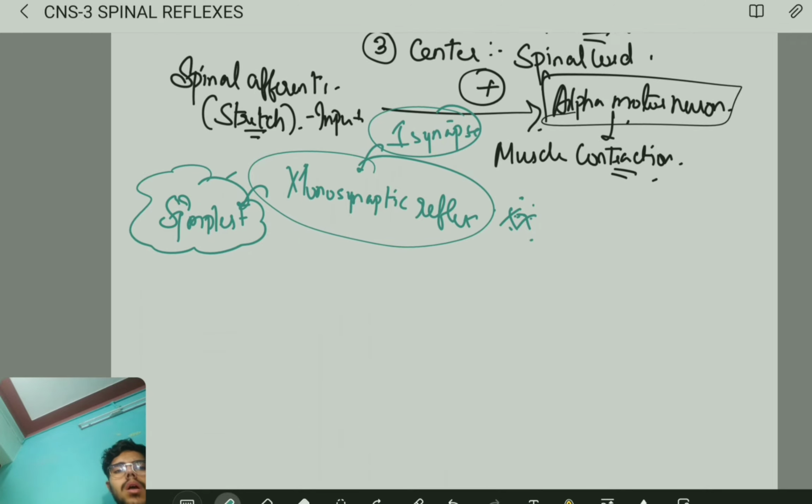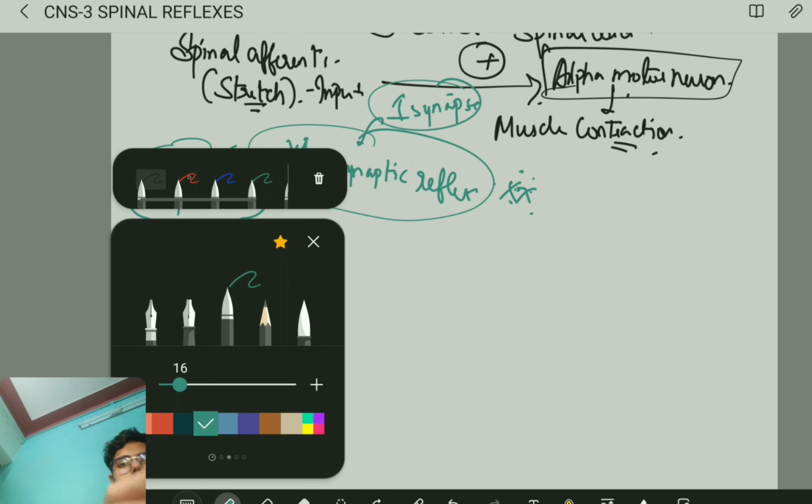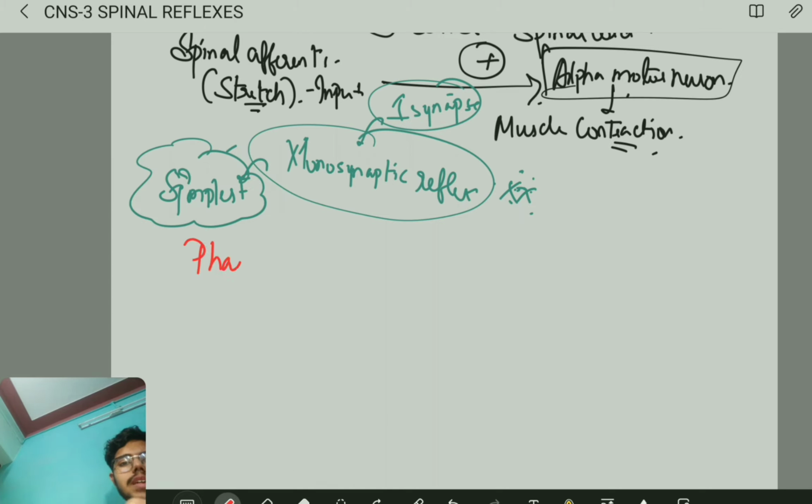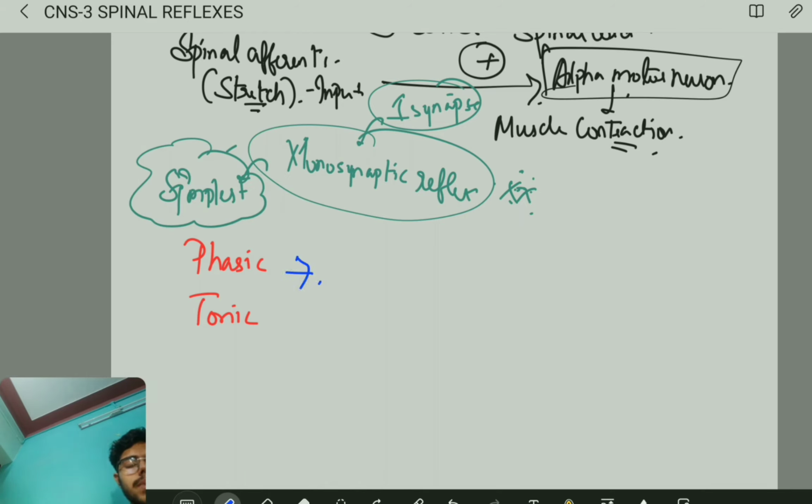On the whole, I want you to understand the functions. We know that we have two types: one is phasic, another one is tonic. What is the function? Very simple. What I want you to remember is that phasic mediates tendon jerk. We discussed that also.